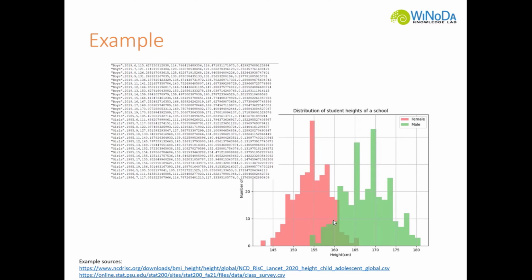And then on the left and the right, it seems to be somehow symmetric, which hints towards a normal distribution. So you can see that height is closely normally distributed in this data set, and that there's a more or less clear separation between female and male students when it just comes to height.